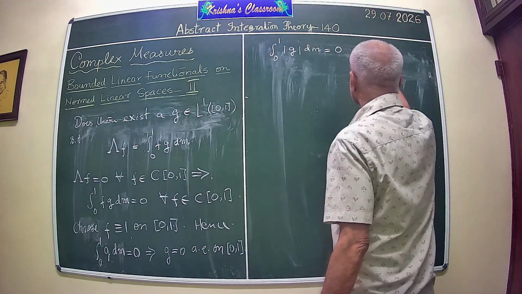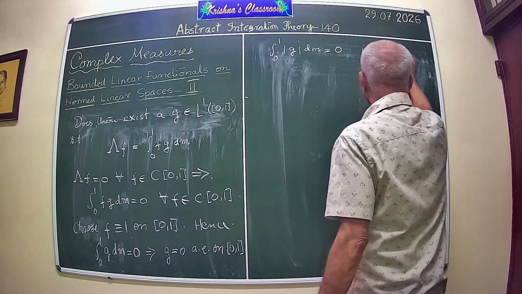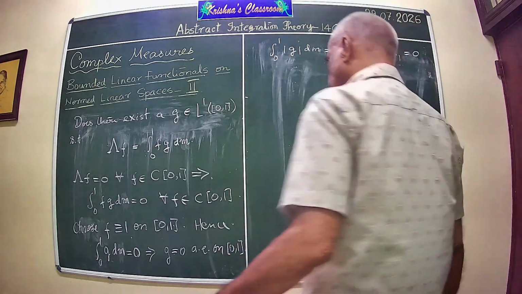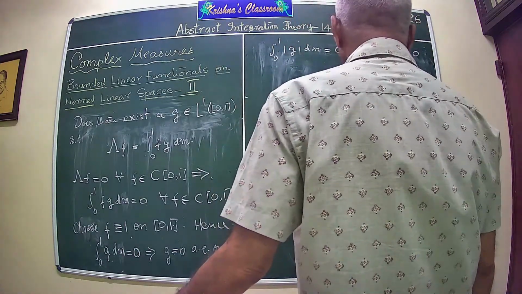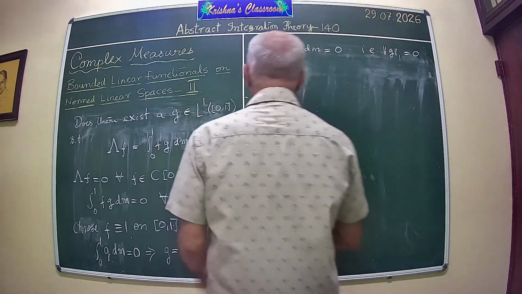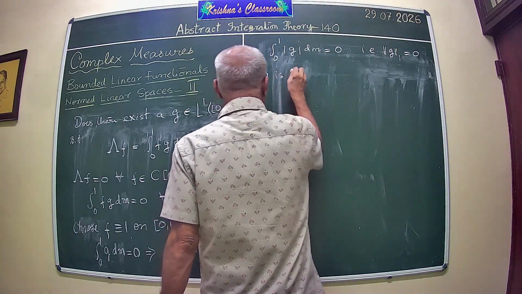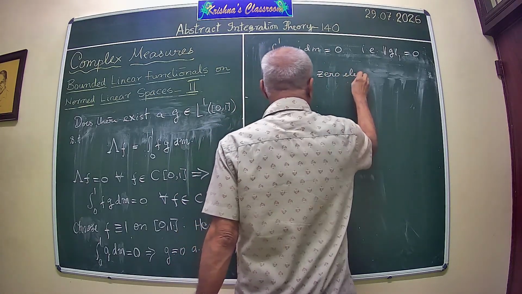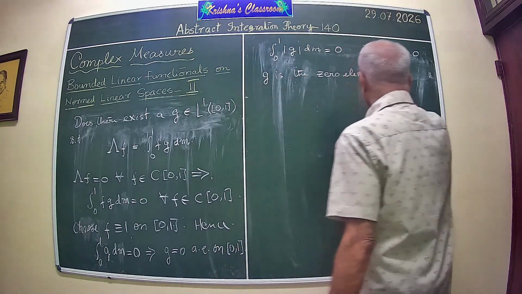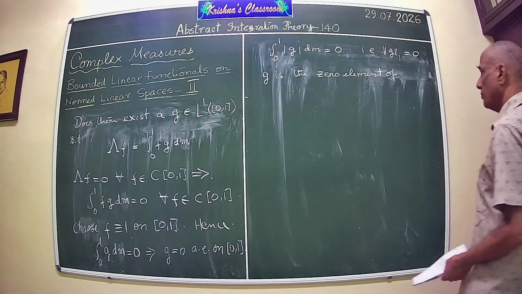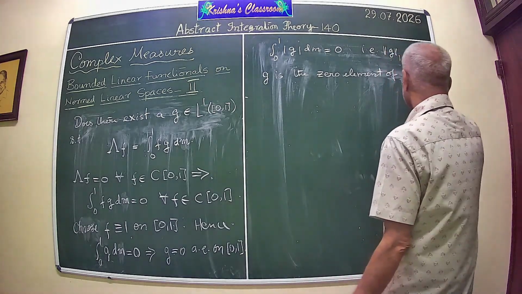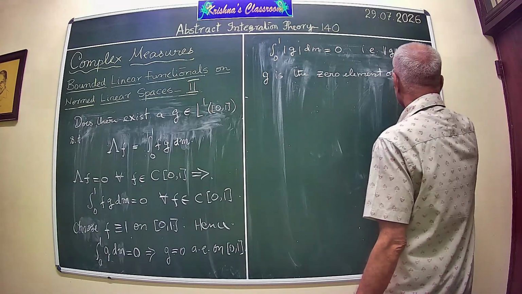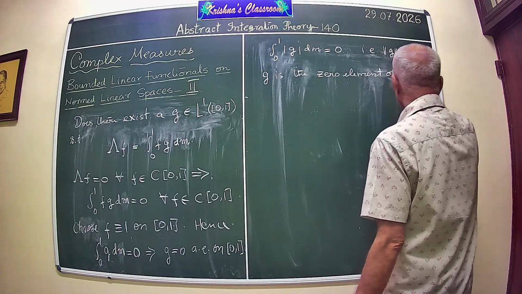That is, the L1 norm of G is equal to 0, or G is the 0 element of L1[0,1].